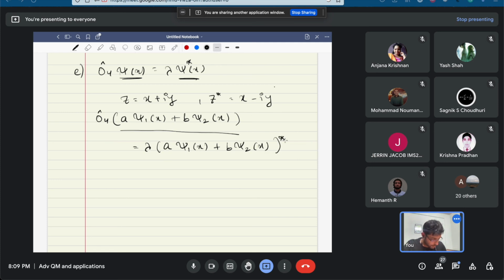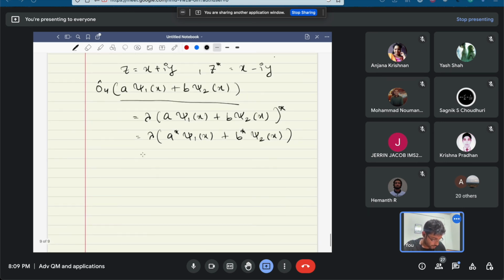Now this conjugate individually conjugates each of them. So we have a conjugate psi 1 of x plus b conjugate psi 2 of x, and what we end up getting is a star lambda psi 1 of x plus b star lambda psi 2 of x.